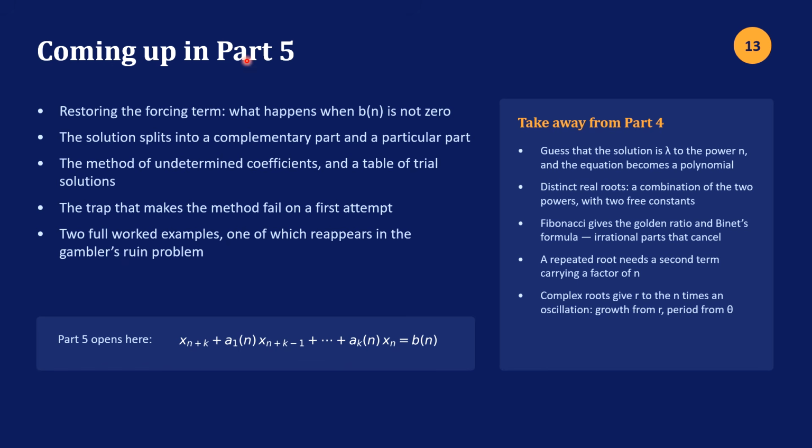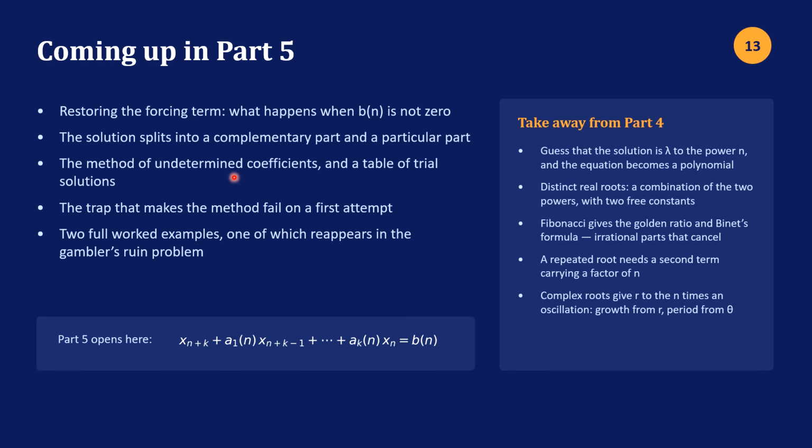So in lesson 5, we'll add back in the forcing term, the b of n, so it won't be 0. In that case, the solution splits into a complementary and particular part. So first we solve where b of n is 0, and then we have to account for this b of n. That's what this is referring to here.